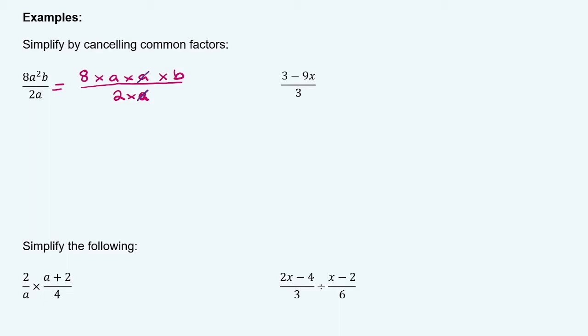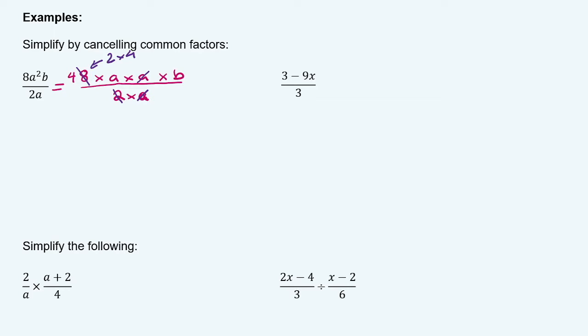Okay, they're reduced. Then we can do the 8 and the 2. The 8 is really 2 times 4, right? So we can cross that out and make it a 4. And then we cross out that 2 and get rid of that completely.